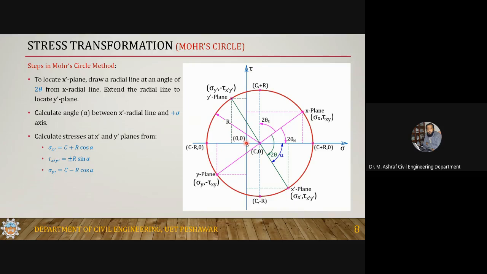So you need from here up to here. So this is c plus r cos alpha. Okay, and what about this one? This is plus minus r sin alpha. Plus minus, you will have to decide it. If it is below, take it negative. If it is above, take it positive. You can decide it, because this is a Mohr circle and everything will be crystal clear. So tau xy is equal to plus minus r sin alpha.